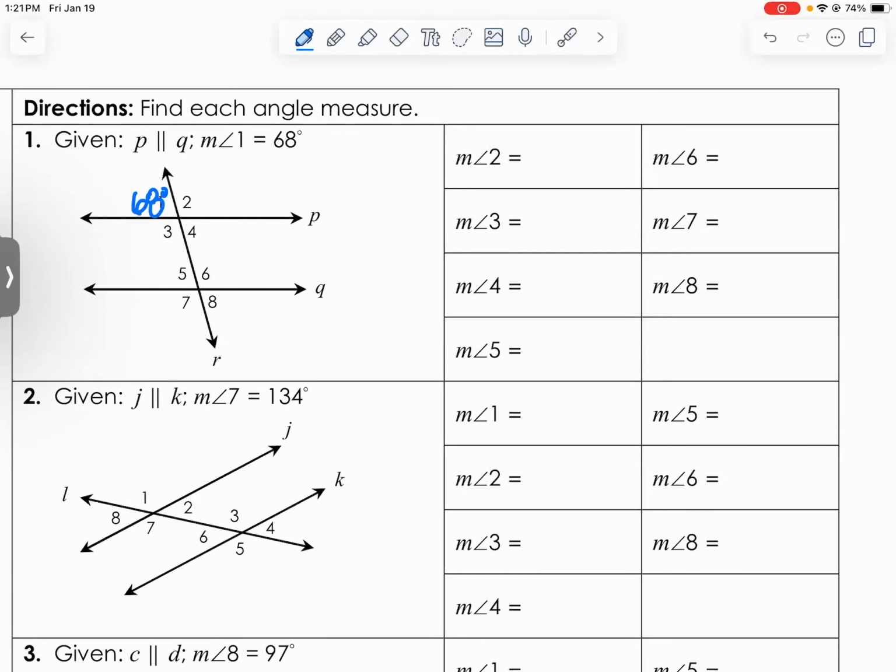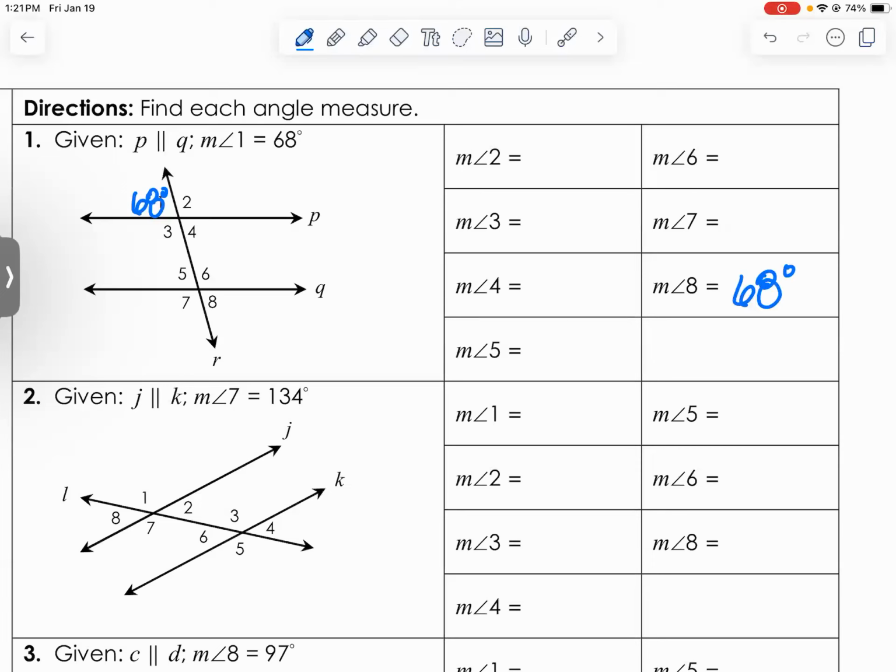Okay. So angle 1 and angle 8. Jacob, what is the relationship? Angle 1 and angle 8. What kind of angles are those? Okay. Angle 1 and angle 8 are alternate exterior. And we decided alternate exterior angles are the same.